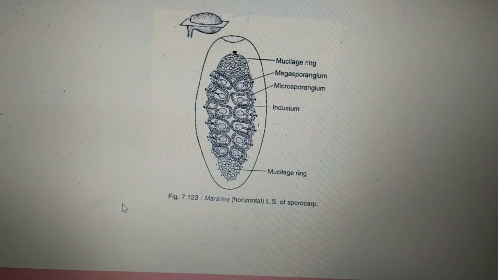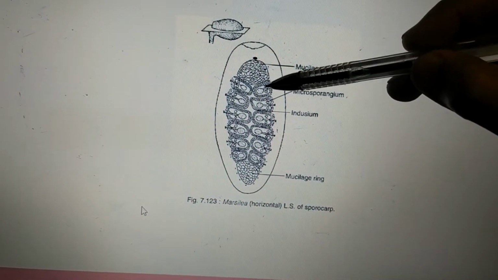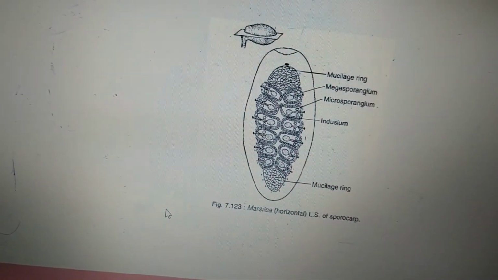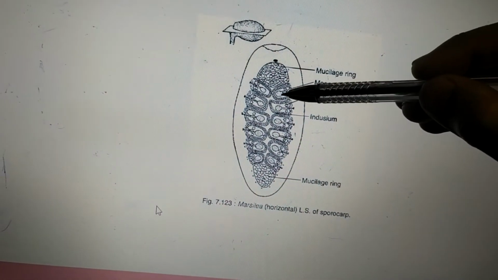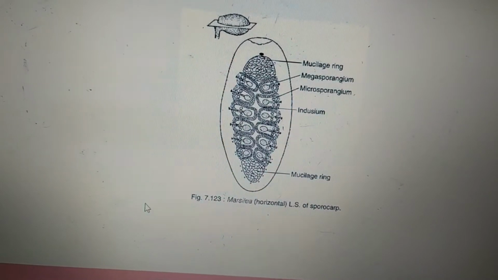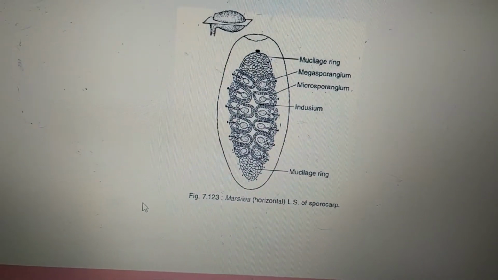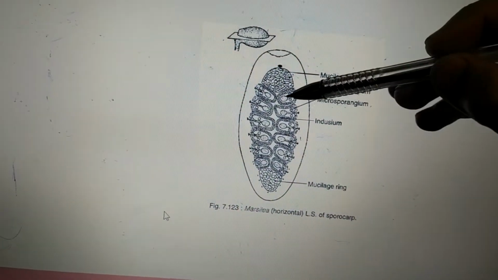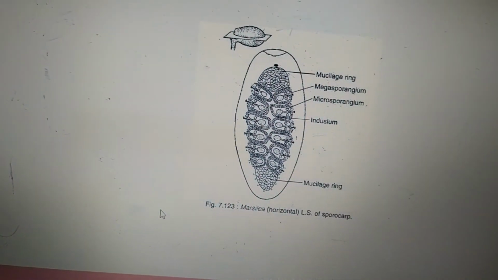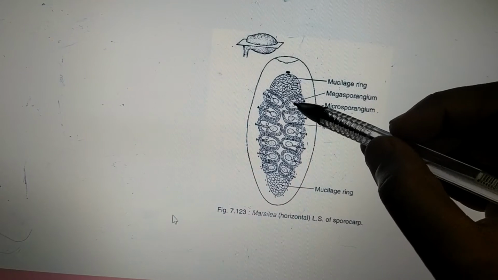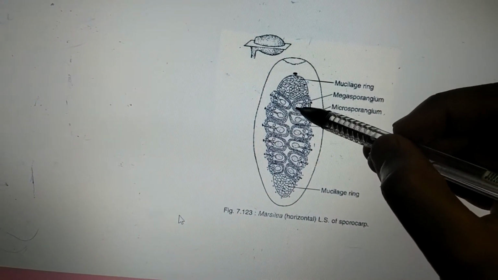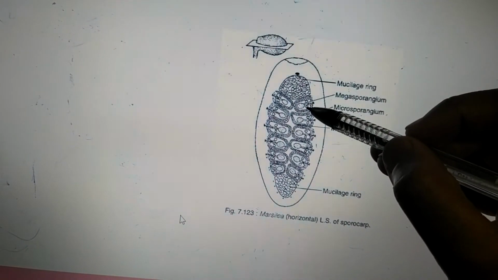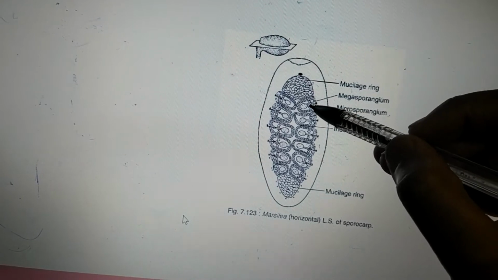Now the development of both the micro as well as megasporangia is almost the same. Now where are they developed? These mega as well as microsporangia are present on the receptacle. This is the receptacle. At the top of the receptacle we have mega, at the lateral side of the receptacle we have micro.